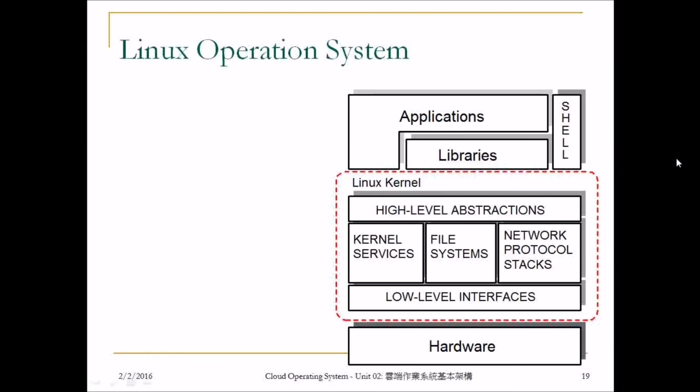Here is the Linux operation system framework architecture. The physical hardware provides the computing resource or hardware resource for the operation system. A Linux kernel provides the kernel service to deal with the computing job.